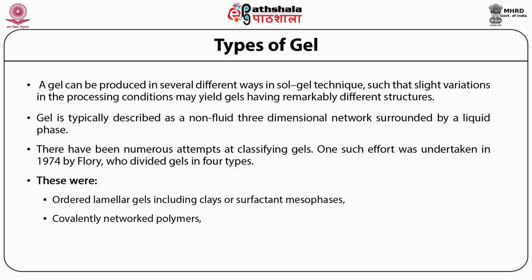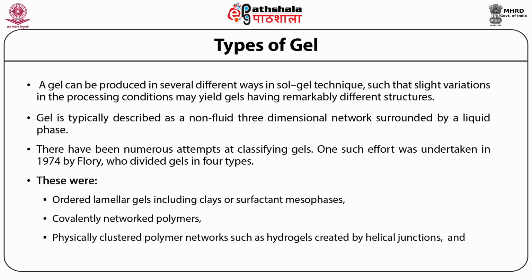Then covalently networked polymers. Next is physically clustered polymer networks such as hydrogels, which are created by helical junctions. And lastly, the disordered particulate gels.